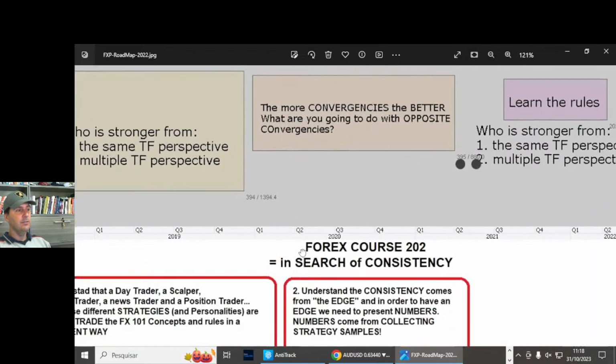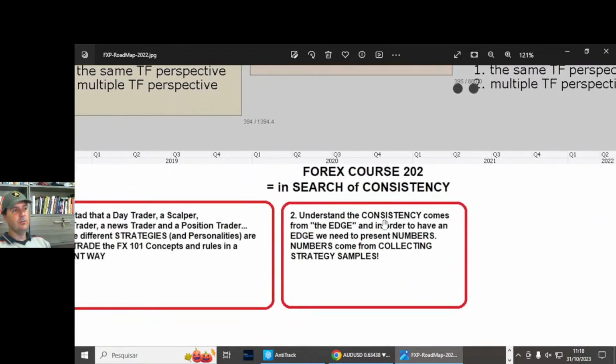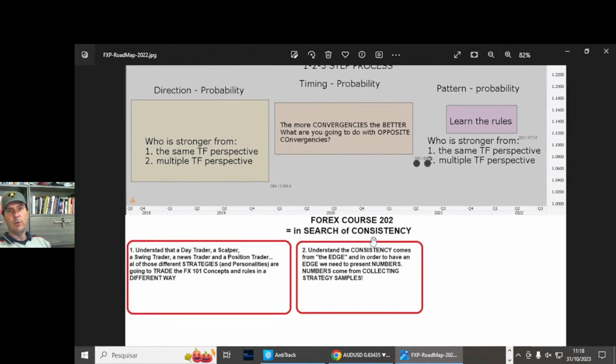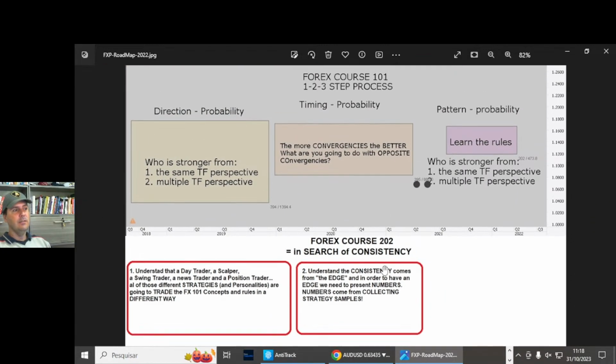Make sense? And understand that consistency comes from the edge. In order to have an edge, we need to present numbers. And numbers come from collecting strategy samples. So see, everybody, this is just a tiny bit of information from the Forex course 202. So it's an upgrade.